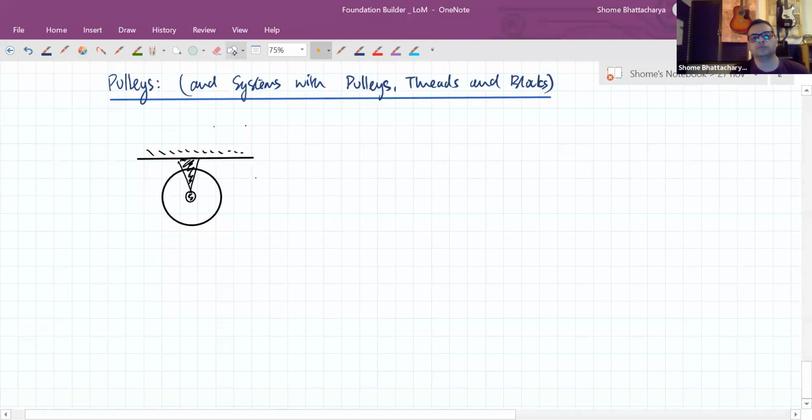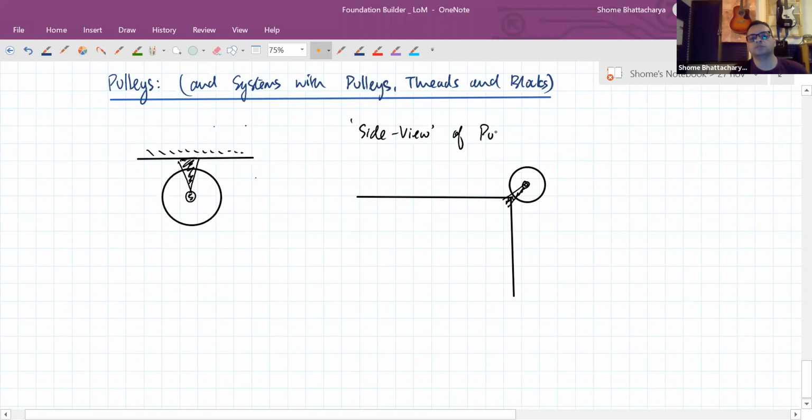Or we could have a situation where we have a pulley like this attached to the corner of a table or something like that. So this is the side view of pulleys.